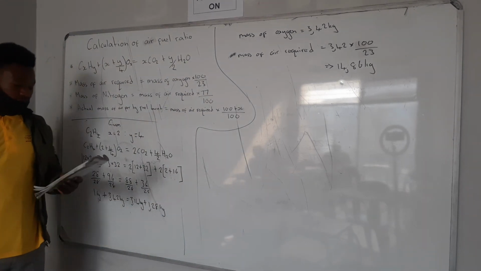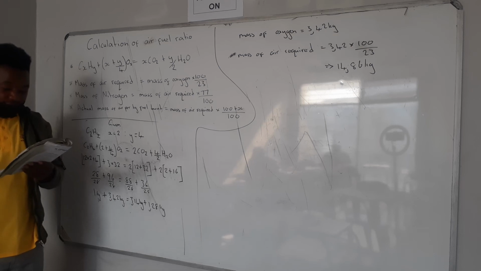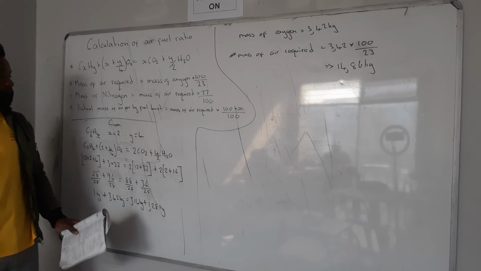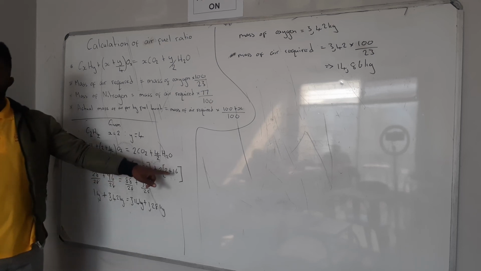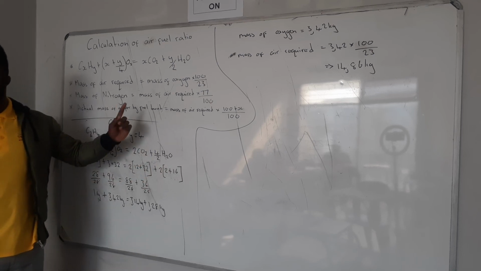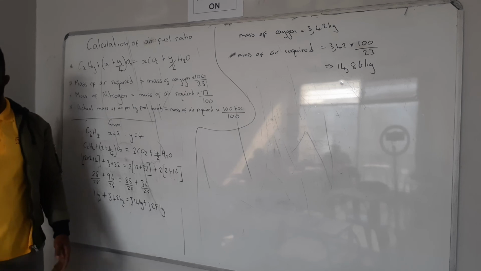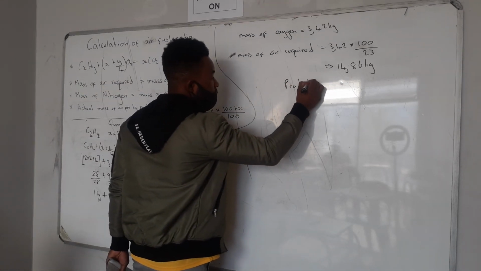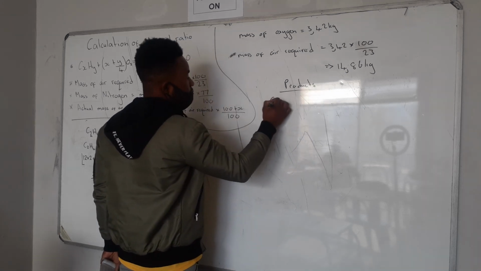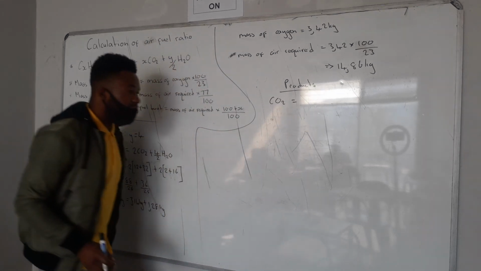Alright, okay. And then they also talk about the products. They said and also find the products. And I said the products are going to be what? You have two products here. Do you see that? You have the carbon dioxide and you also have water. And then I said you're also going to take your nitrogen as your product, né? So on the products, I have CO2, and I said, how do you get your CO2?